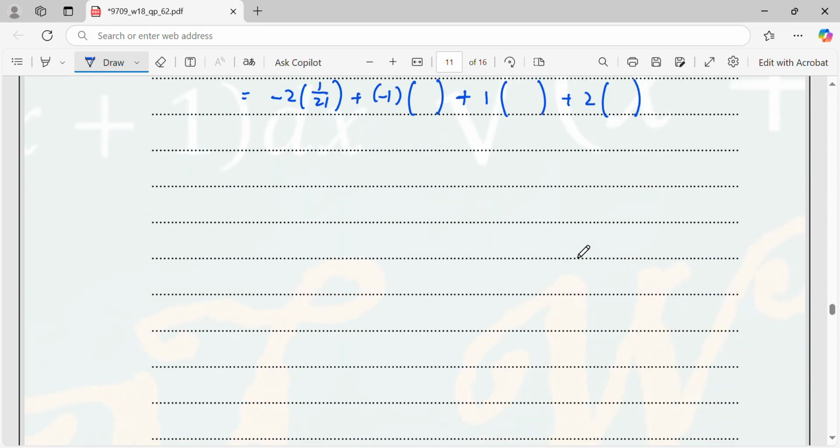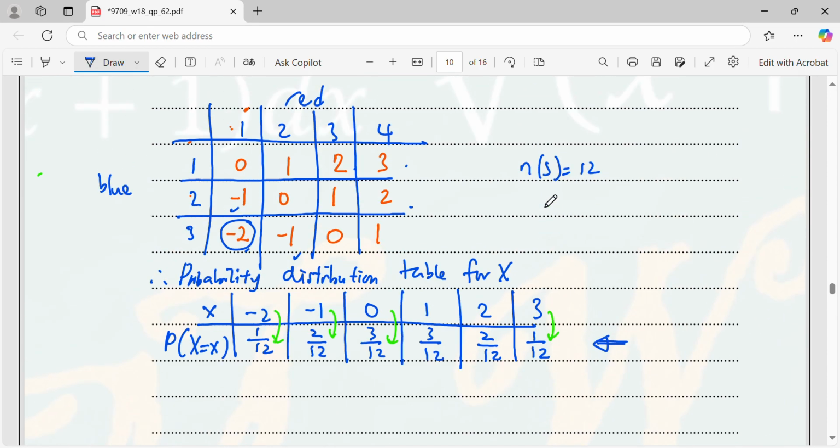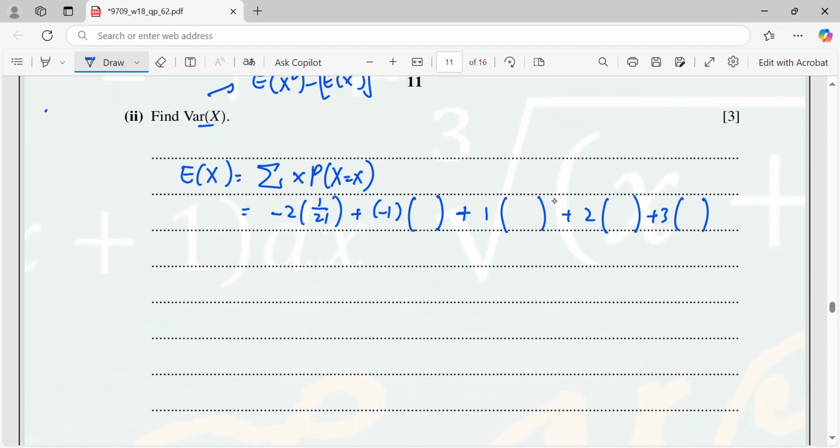So I will just write plus 3 times the probability. So now I just need to copy the probabilities 2, 3, 2, 1. Alright, so when you calculate all these values, it will be 6 over 12. That is half. This is my mean.